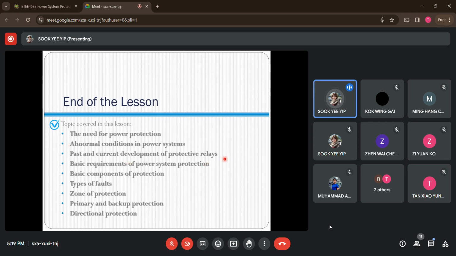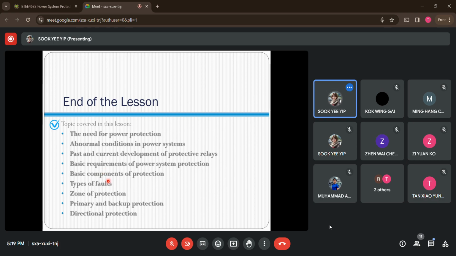The next one is the important topic you have to focus on in chapter 1, which is the basic requirements of power system protection, how we rate whether it's doing a good job or not. There are 6 parameters we can use and 3 come with formulas. If you go through the past questions, you might notice some questions ask you to rate the performance, in terms of dependability, reliability, and security, in numeric form.